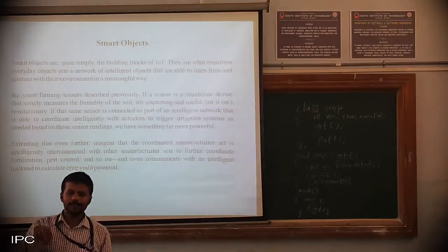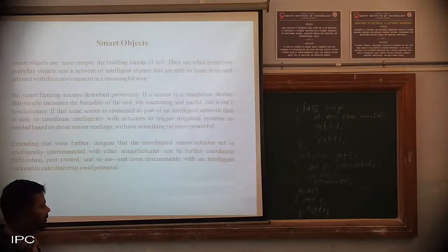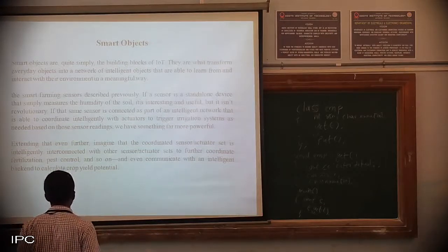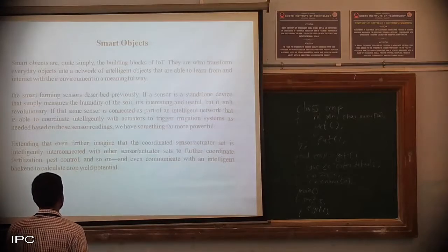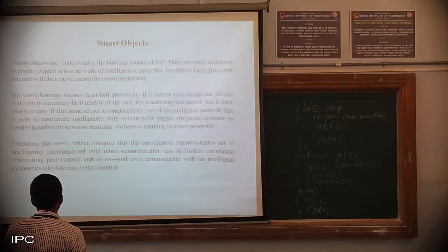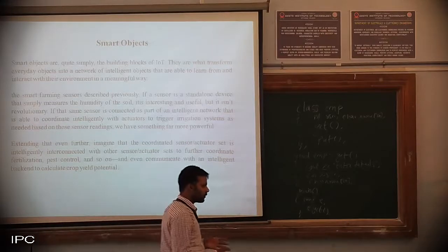Only sensing the humidity, there is not much in that. Extending that, even further, imagine that a coordinated sensor-actuator set is intelligently interconnected with other sensor-actuator sets to further coordinate fertilization, pest control, and so on. In the fields there may be more than 5 or 10 sensors and actuators.